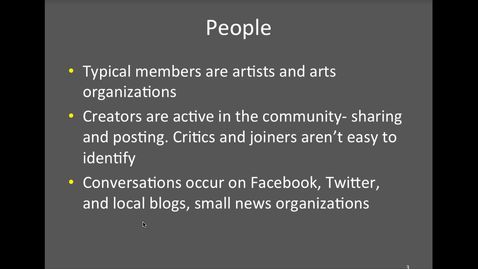So what I've seen is really with the Facebook crowd, it's really a very accessible platform. So we actually see a lot of mid-career artists in the 40 to 60 year age range using Facebook to promote their work and to share information. Not so much on Twitter. Twitter posts are really led by arts organizations. It's really a quick forum to be able to put news and events out there.